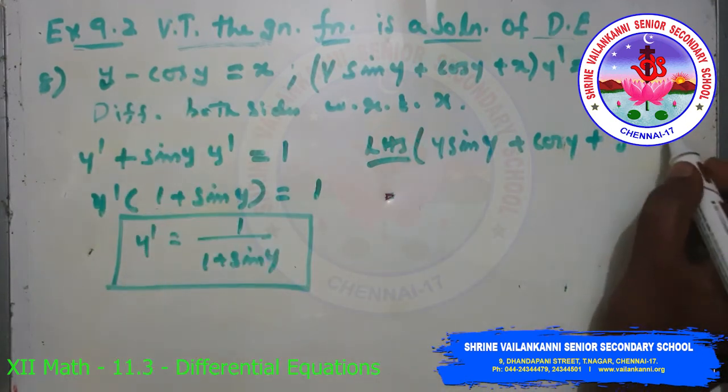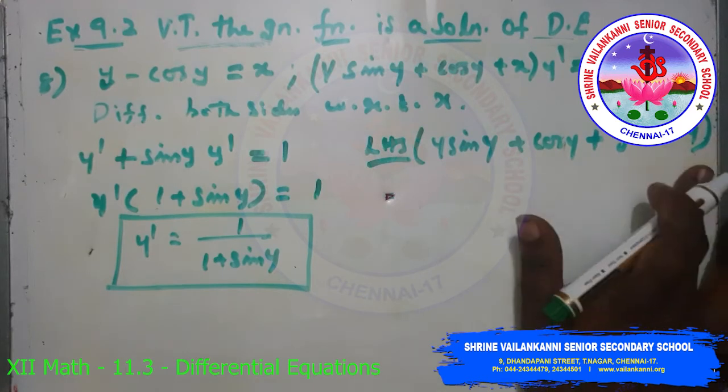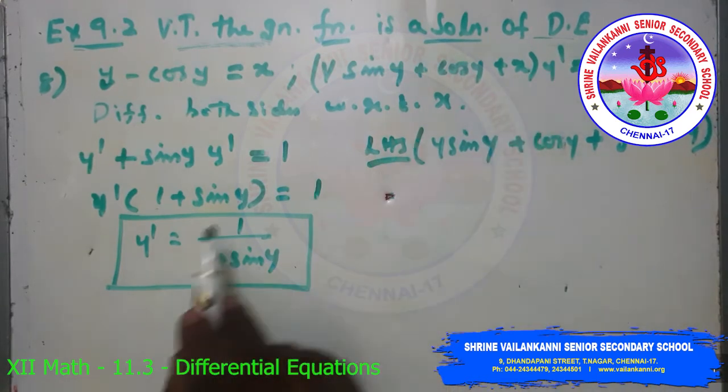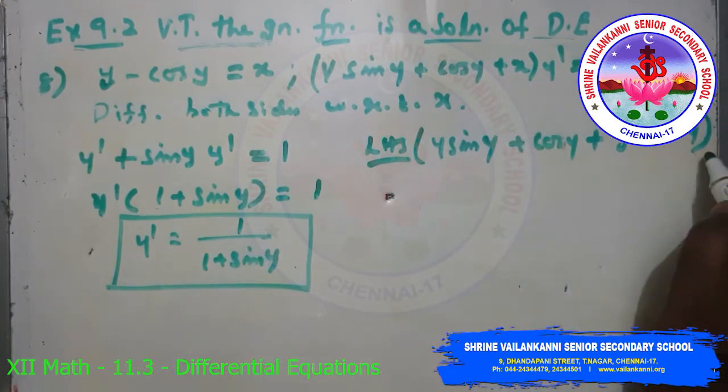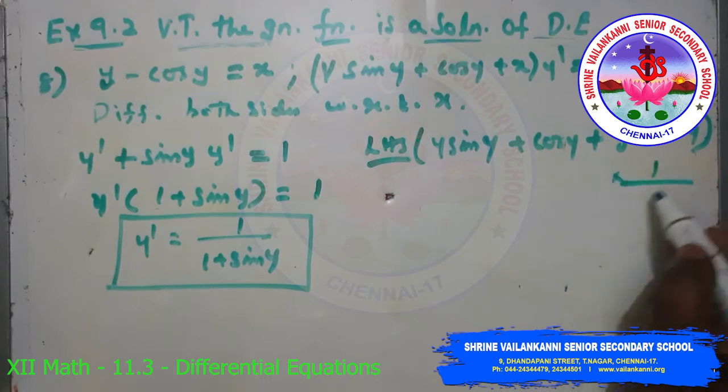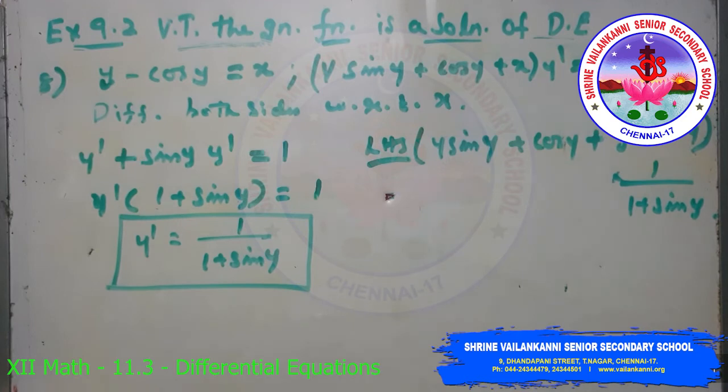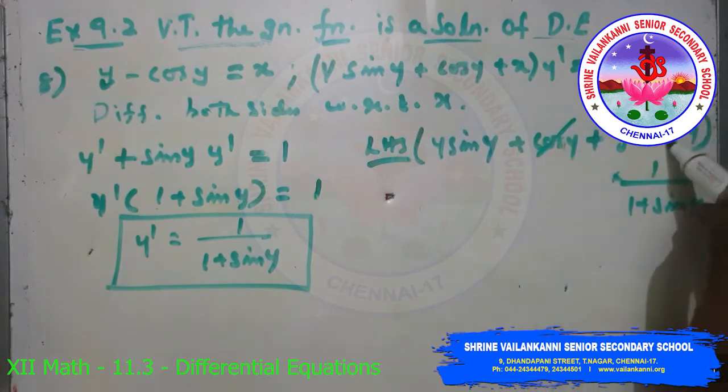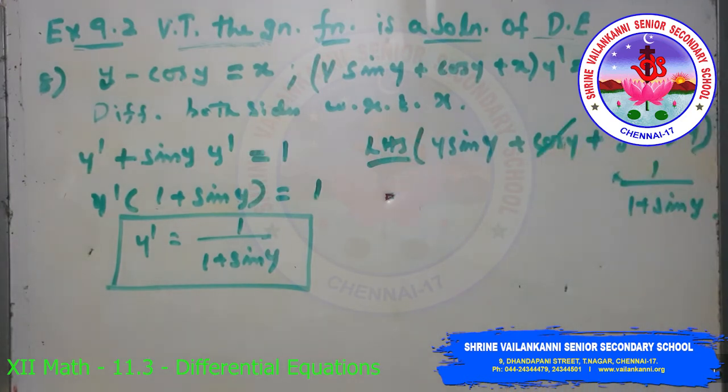So (y minus cos y) into y dash, which is 1 by (1 plus sin y). So plus cos y and minus cos y will get cancelled.